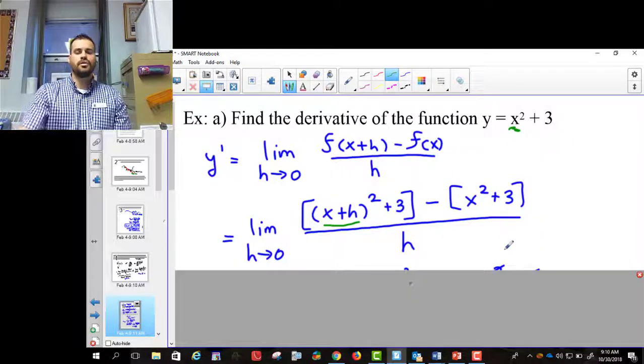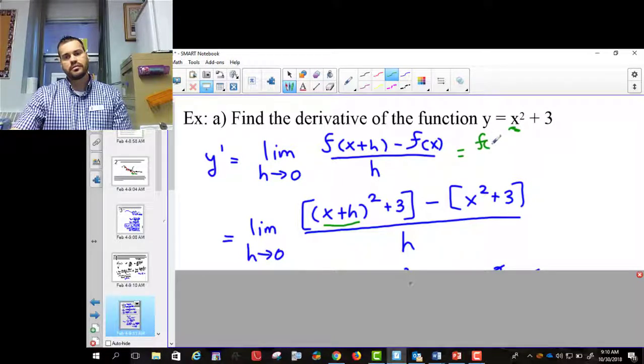And what you'll notice is if I let h go to 0, f of x minus f of x, over 0.